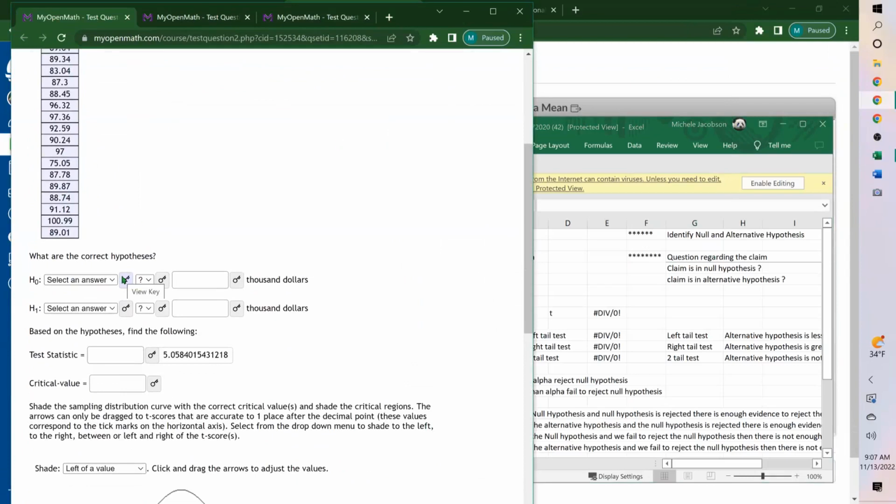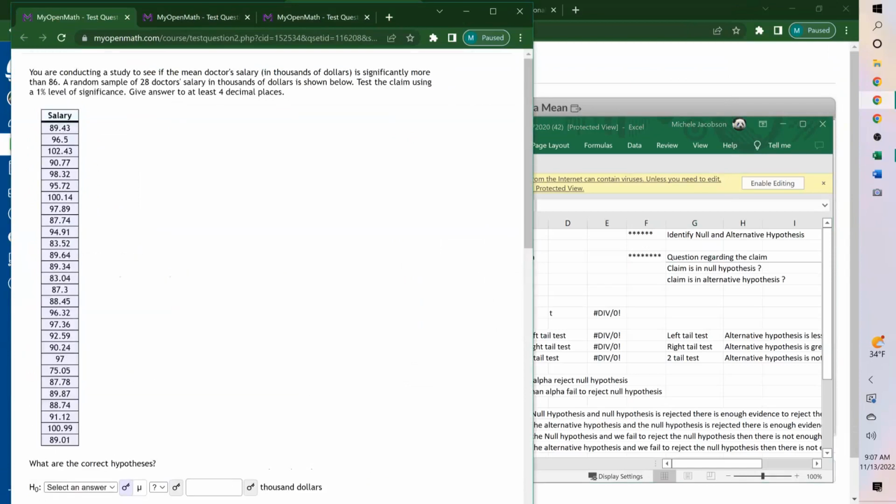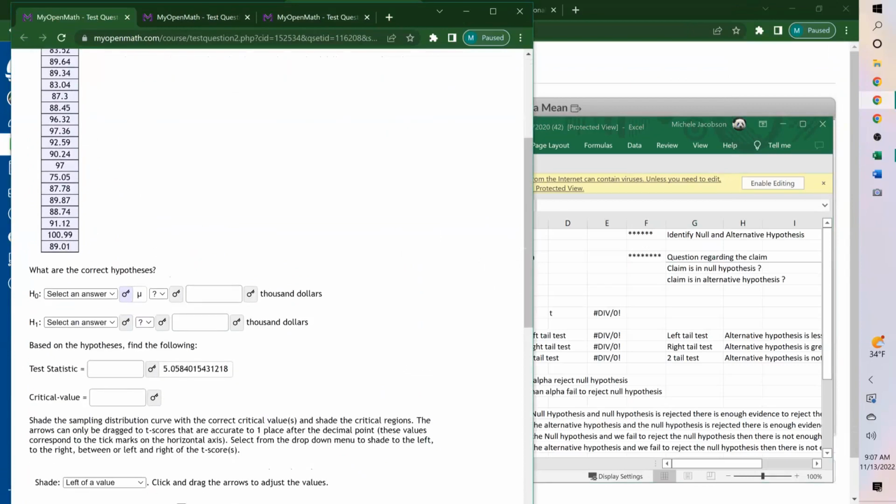We said it was mean. We're testing that it's significantly more than 86. So this would be mean equals, and this would be 86.